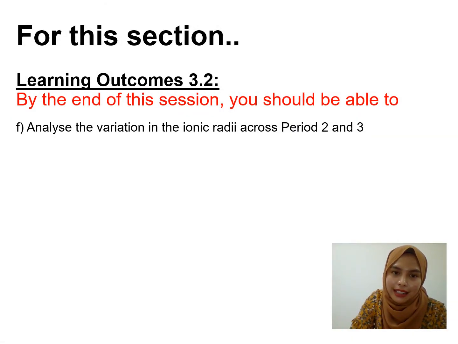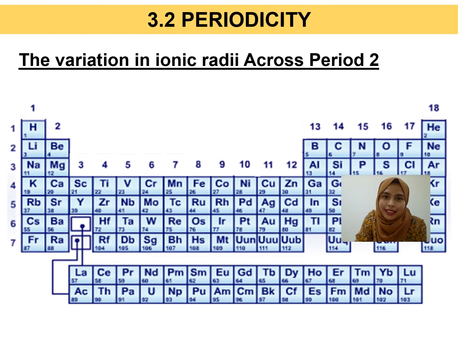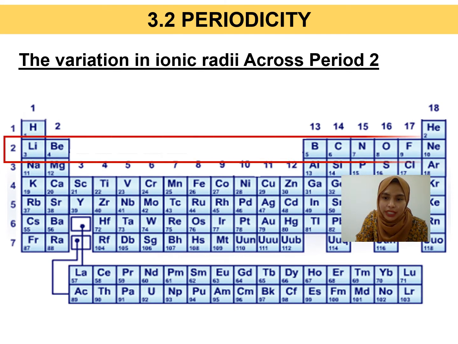Now, let's analyze the variation in the ionic radii across period 2 and period 3. In case if you are wondering, period 2 in the periodic table of elements, okay, so that is the location for period 2 in the periodic table of elements. Sekarang ni, kita akan analyze the trend of the size of ion, okay, bukan atom tau.